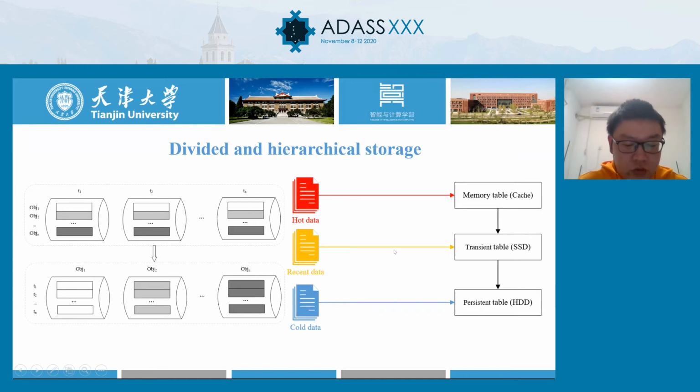And there are 3 main levels of hierarchical storage, namely memory table, transient table, and persistent table.